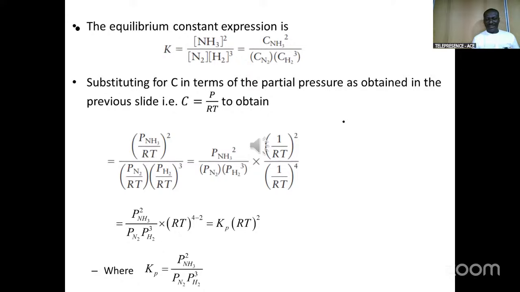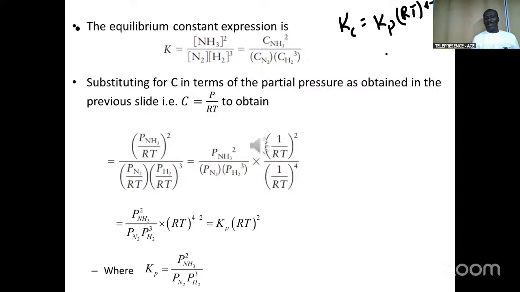All right. Now, let me go back again to it so that we don't get confused. So we are saying that for this reaction, let me write it again. What we have here is Kc is equal to Kp (RT) raised to the power 4 minus 2.